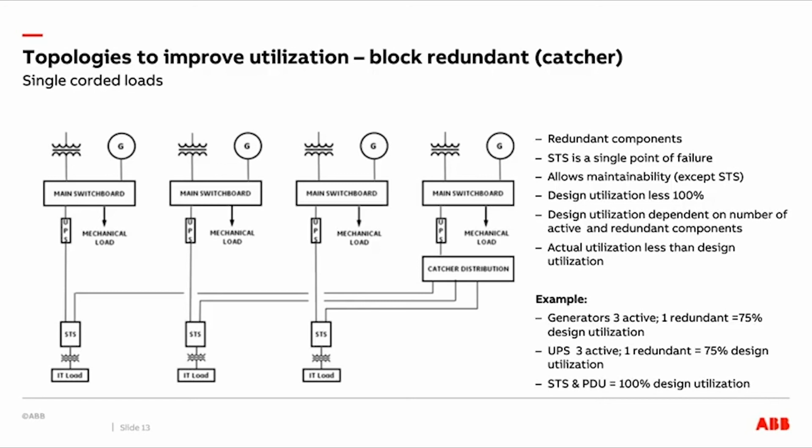The most common implementation of block redundant or catcher are 4 active blocks with an equally sized reserve block, or 8 active blocks with a reserve block twice the size of the active block. The 4-in-1 catcher or the 8-in-2 catcher both have a maximum design utilization of 80%.